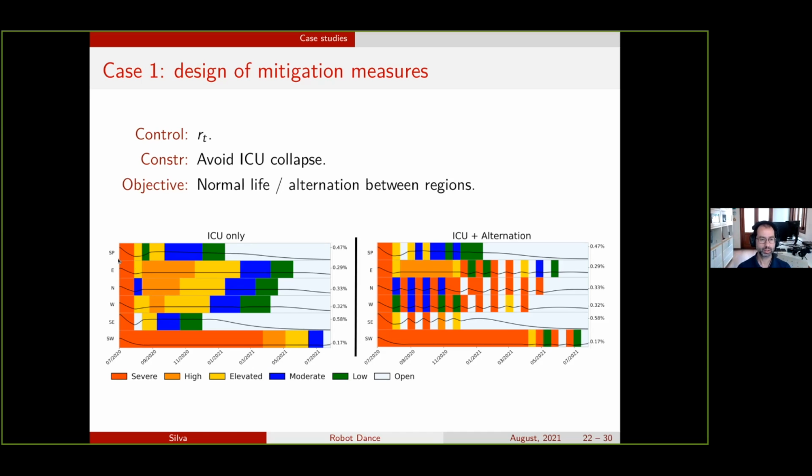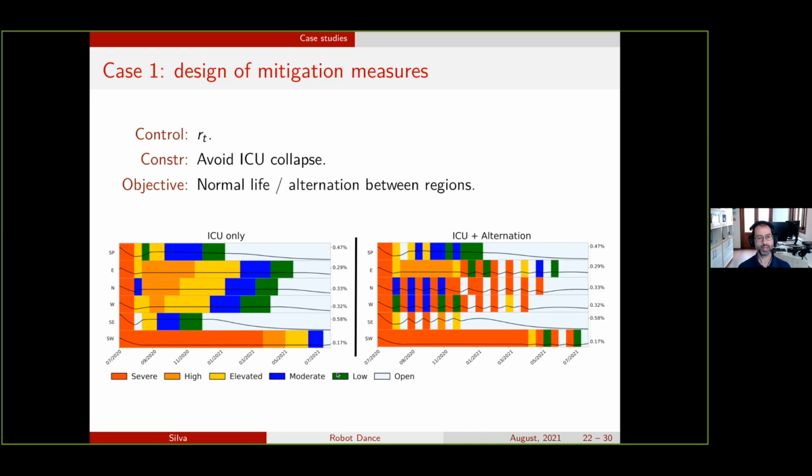Okay, so here these colors represent that we have to decrease the R0 a lot, and then we can relax a little bit and relax a little bit more. So the colors here are moving from a more severe lockdown to a more open society.